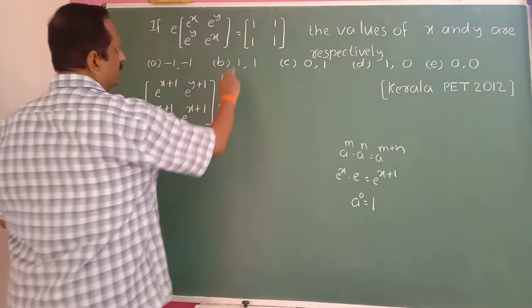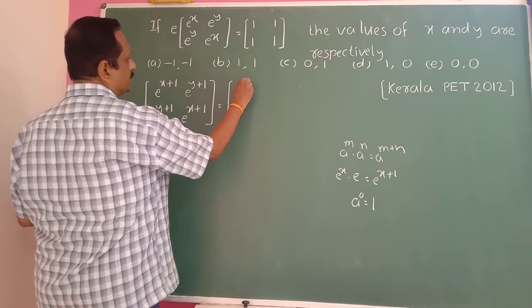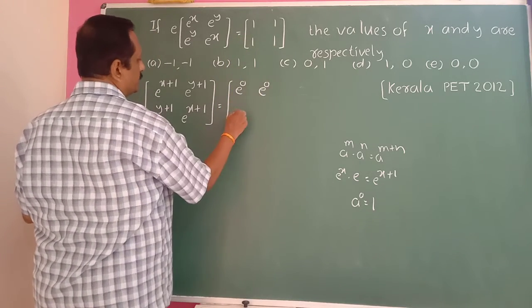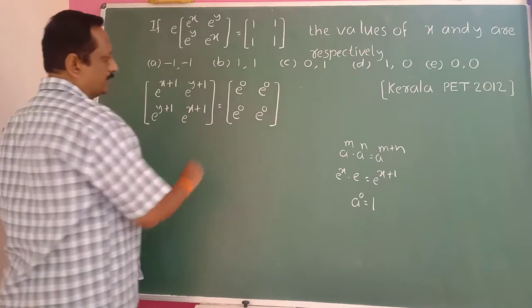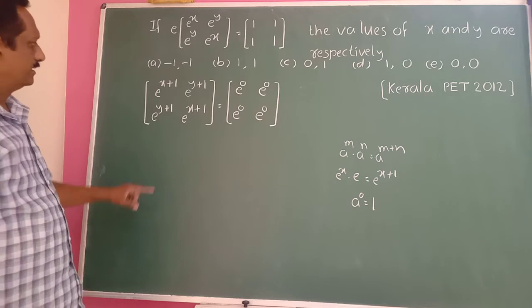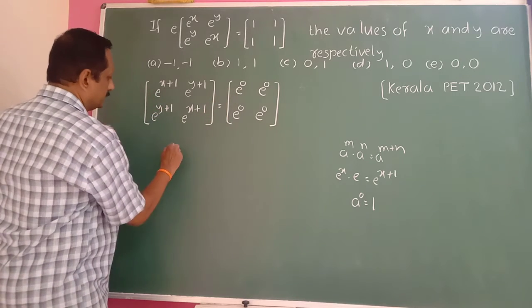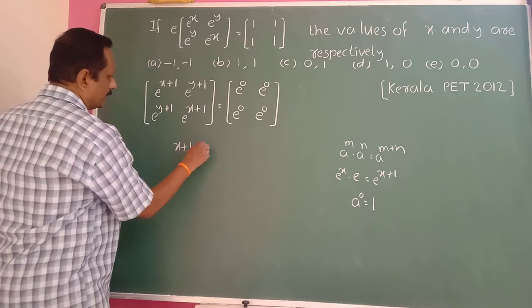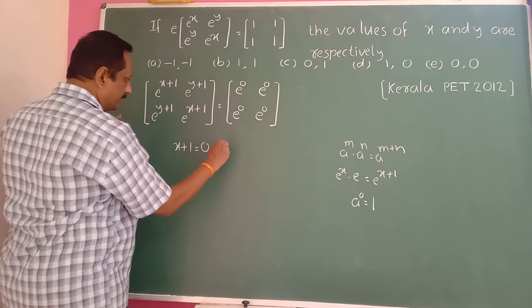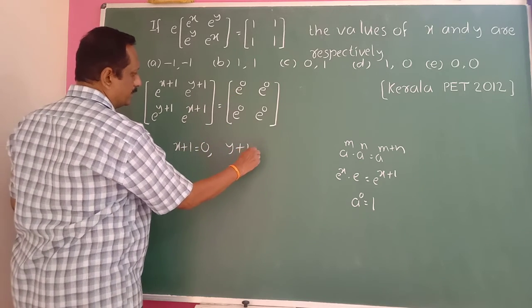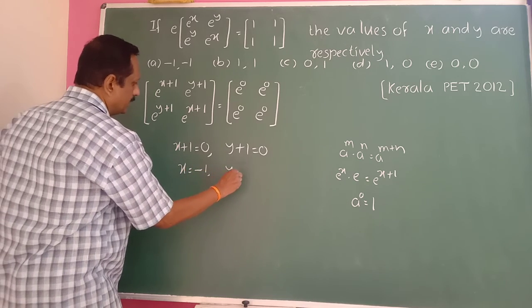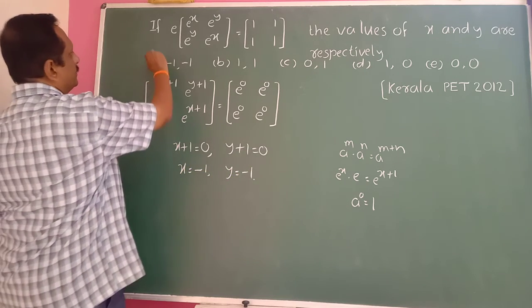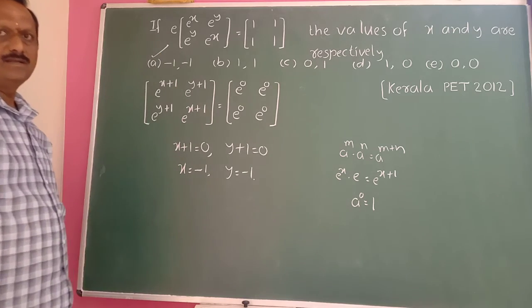Hence, this 1 can be written as e raised to 0, e raised to 0, e raised to 0 and e raised to 0. Then equate: x plus 1 equal to 0. Similarly, y plus 1 is 0. Hence, x is equal to minus 1 and y is equal to minus 1. So the first option is correct, minus 1, minus 1.